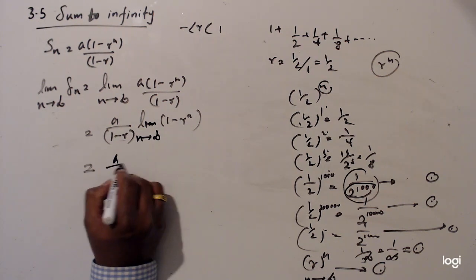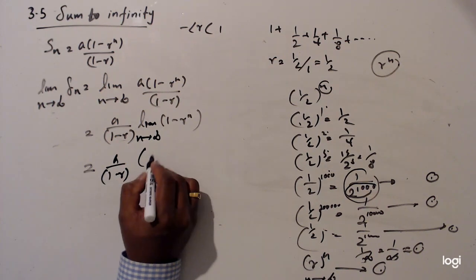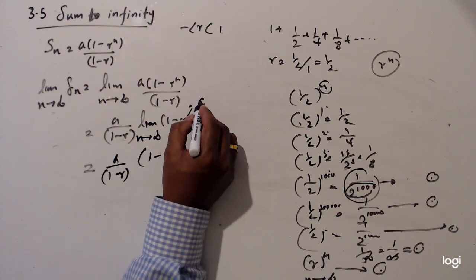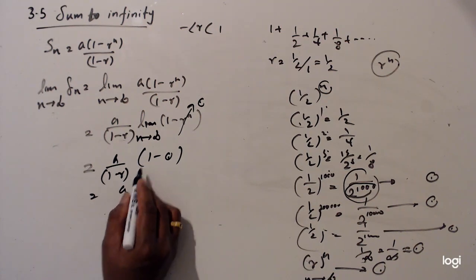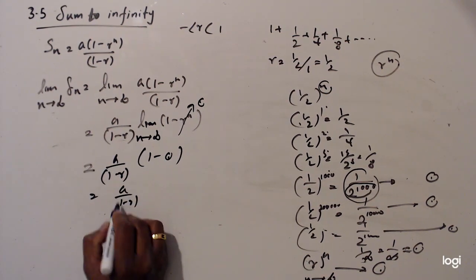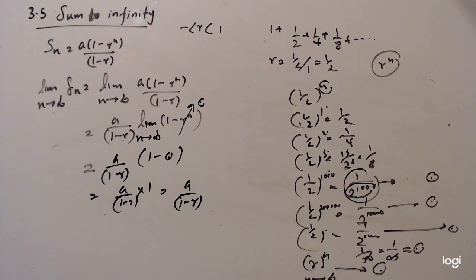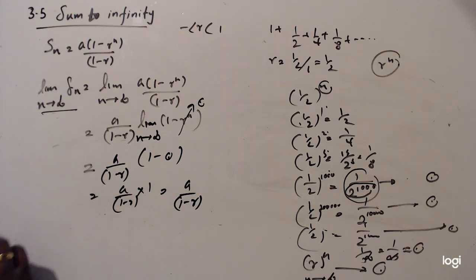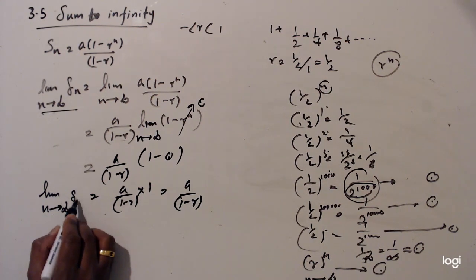So a over 1 minus r, we apply the limit inside, times 1 minus 0. This value goes to 0. So a over 1 minus r times 1, that is a over 1 minus r. So that is the limit as n goes to infinity of Sn.